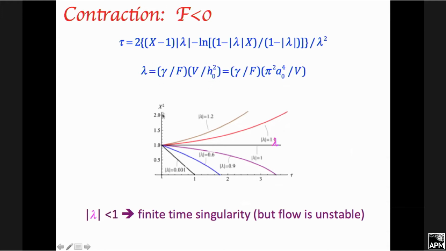And so what you see is that the square of the non-dimensionalized thickness with time varies depending on the value of lambda. And if the modulus of lambda, in other words, the value of sigma, or related to the value of sigma, is less than 1, we have a finite time singularity, but the flow is unstable, as I'll show you and as you indeed saw in these experiments.